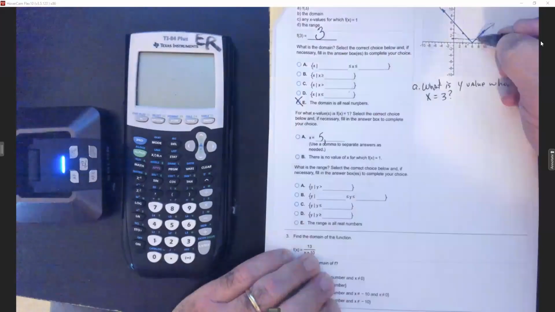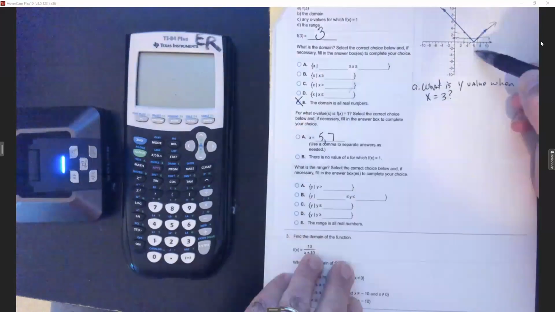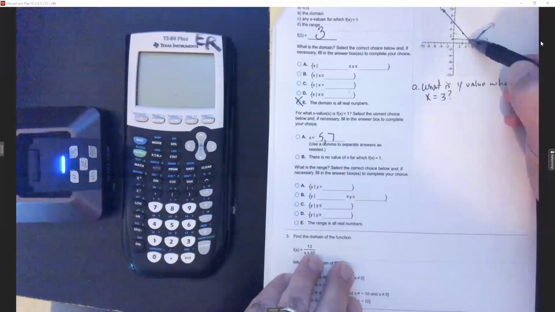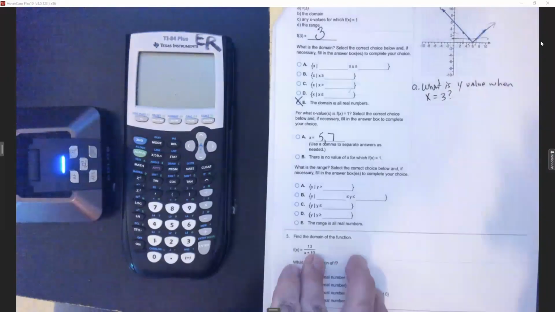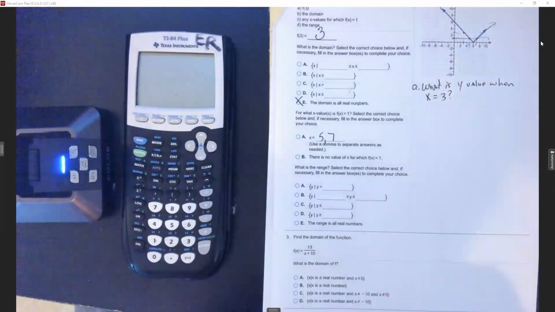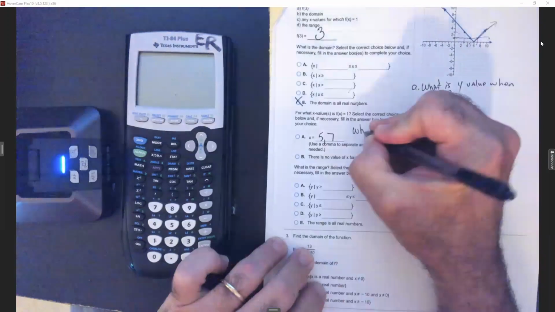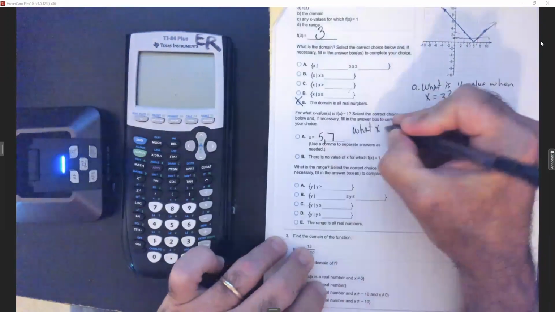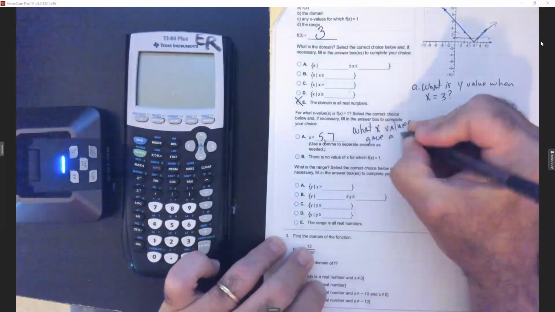This one intersects the line at 7, so at 5 and 7. So at 5, we got a y value of 1, and at 7, we got a y value of 1, okay? So that's what that part was wanting to know. What x values gave a y value of 1?